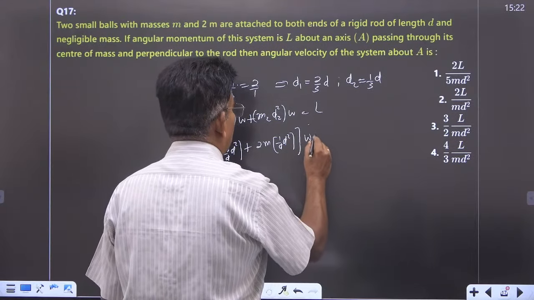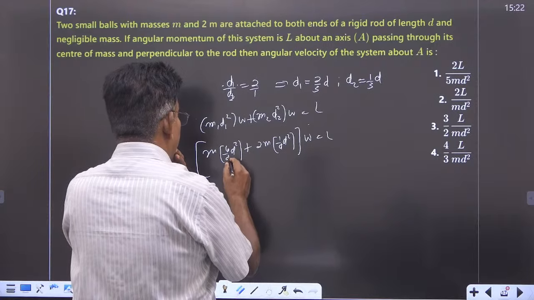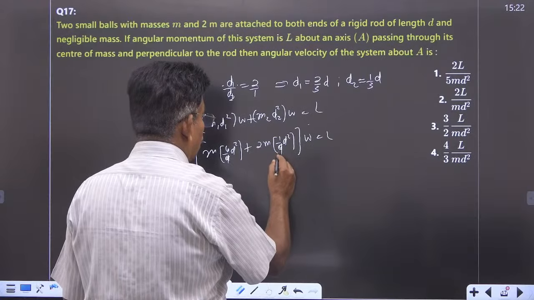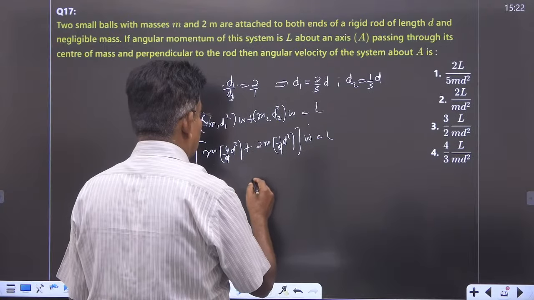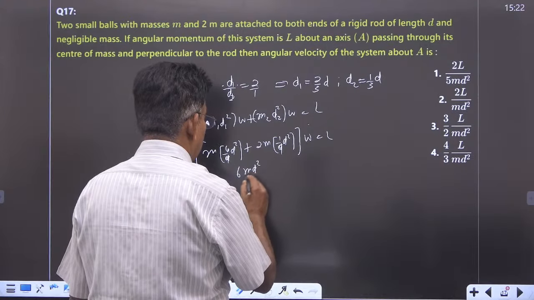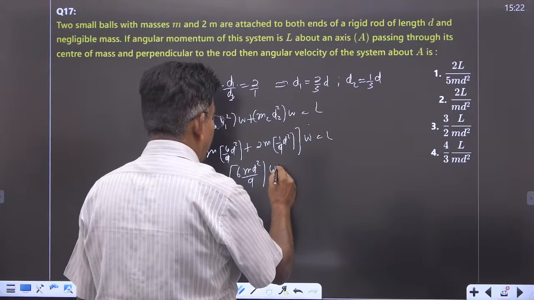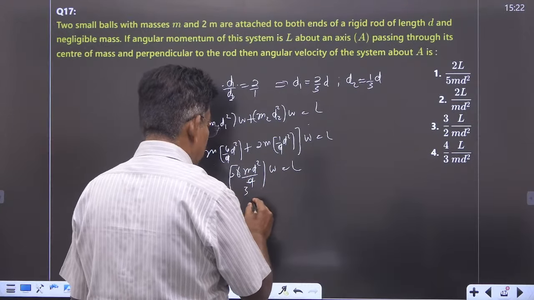Whole into omega is equal to L. So this is 4md square by 9 plus 2md square by 9, that is 4 plus 2, 6md square by 9 into omega is equal to L. This is 2 by 3.